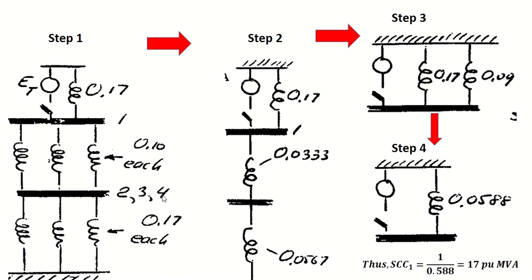These three buses are then connected to the generators. So we have generators 1, 2, 3, each with a generator transformer reactance of 0.17. So we have it like this. Any questions, anyone? Is it clear till now?